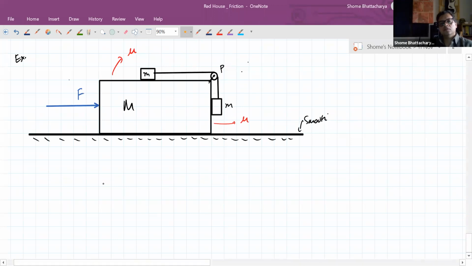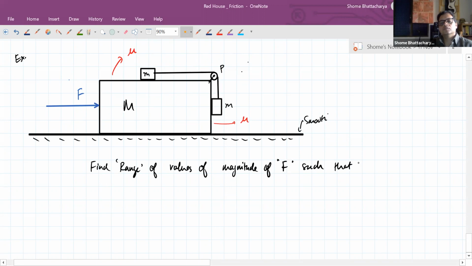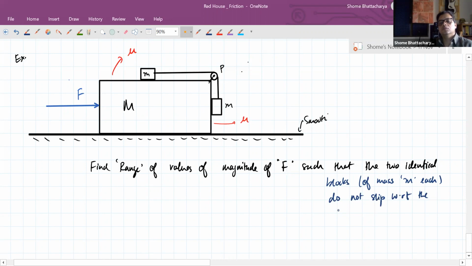Okay. So again, find the range of values of magnitude of F such that the two identical blocks, small m, do not slip with respect to the wedge of mass capital M. Okay.